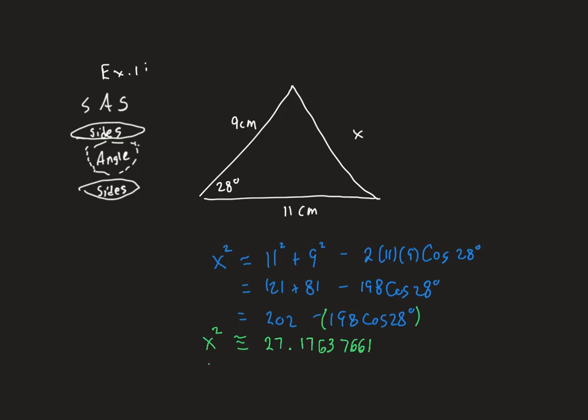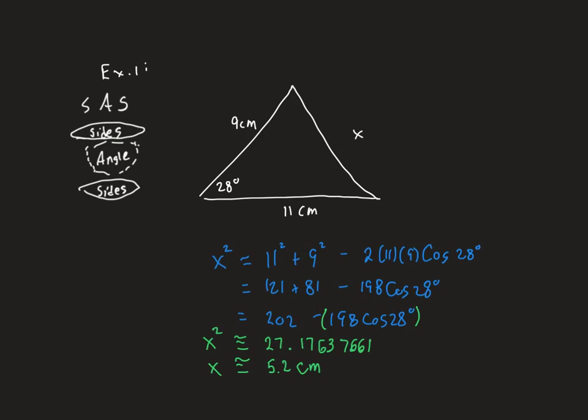Then you're going to take the square root of your answer, and that's what you're going to round to about 2 decimal points. Okay, so you're going to take the square root. You should get 5.2. Don't forget that this is in centimeters because of our unit. So x is 5.2. Okay?